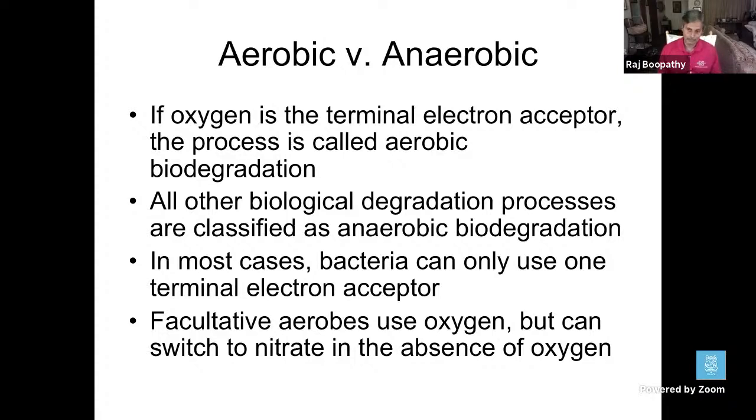When nitrate is completely gone, there is going to be a transition of bacteria, then they go for the next electron acceptor available in the site, like sulfate or iron. So only one dominating electron accepting condition most of the time. That's what works in the real world. Okay, and then we have facultative organisms that could use oxygen as well as other oxygen-containing salts, such as nitrate and sulfate.